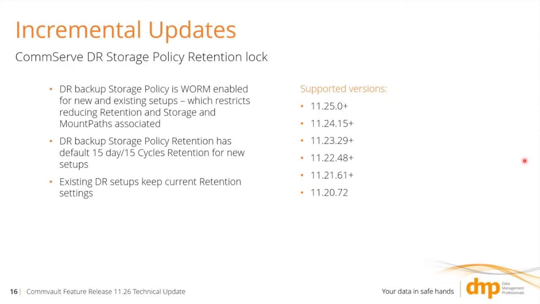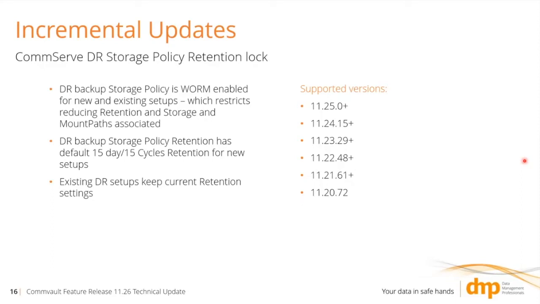So if you have set a certain retention on your storage policy copy level for disaster recovery backup, WORM is enabled, and let's say that you have that set on 60 days, 60 cycles, it is not possible to lower that retention anymore. By default, the retention has now been changed to 15 days, 15 cycles for new setups. The existing setups will keep their current retention settings.